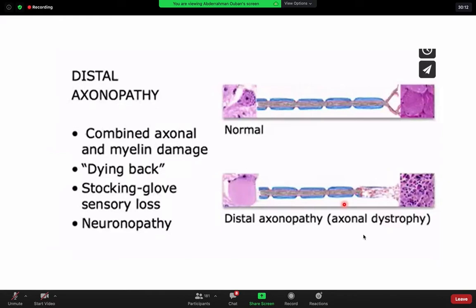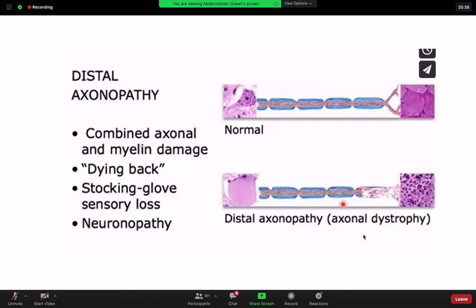All right. So we did talk about the cause of the distal axonopathy, and that is primarily a disease of the neuronal body, which through its metabolic abilities maintains the axon. When this is not the case, the first part that's going to disintegrate is going to be the most distal part of that axon. All right. And that's the distal axonopathy.